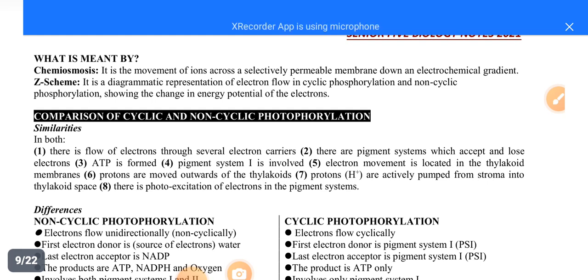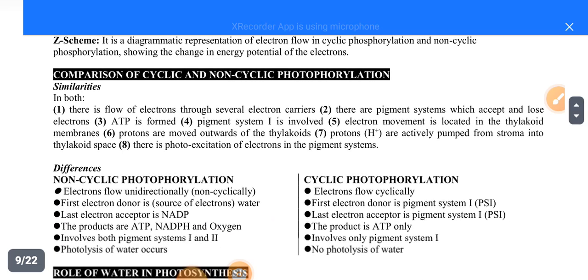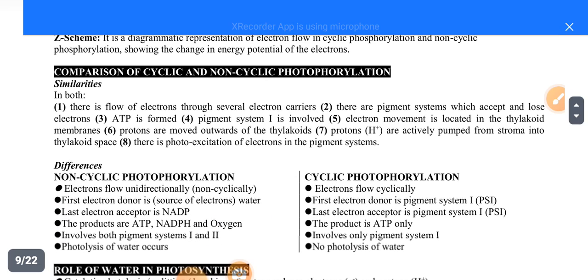I will not waste time on this one because we looked at it up there when we were looking at the Z scheme. Now we are going to look at the comparison of cyclic and non-cyclic photophosphorylation.